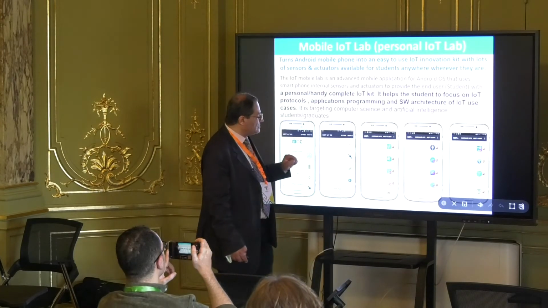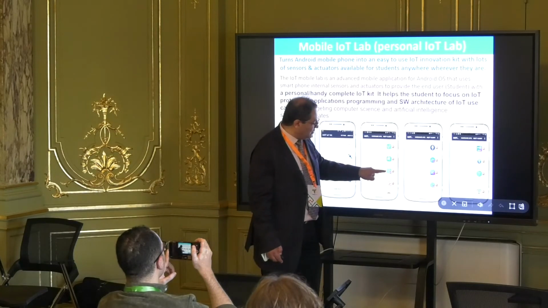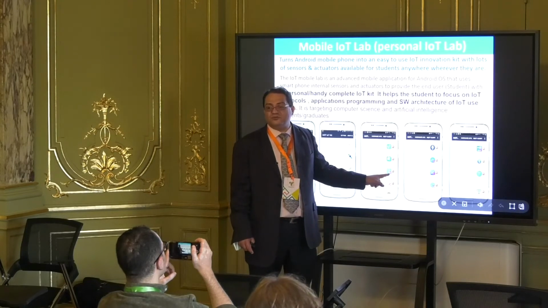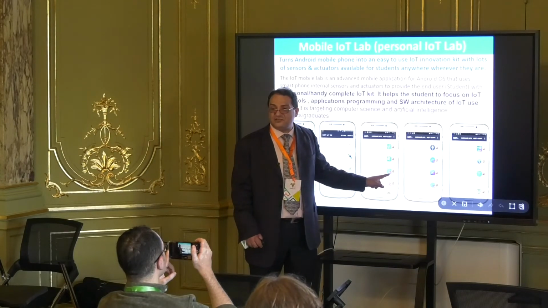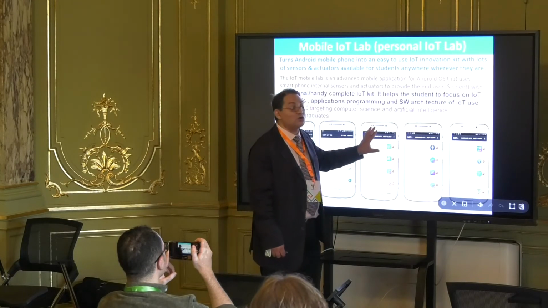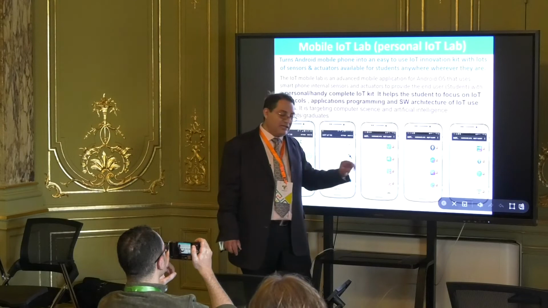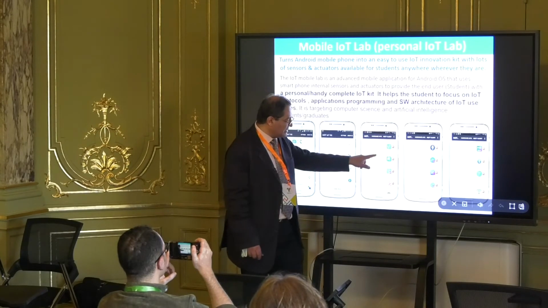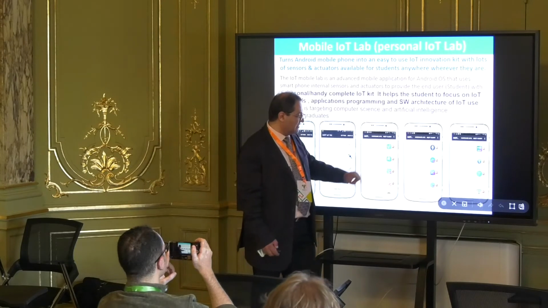If one of the sensors is not available, you will notice that the icon for a temperature sensor has a red mark here. It means that your phone doesn't have this sensor and you cannot measure the temperature, because your phone is limited in its capabilities compared to other sensors that you have, like the proximity. This one is available.